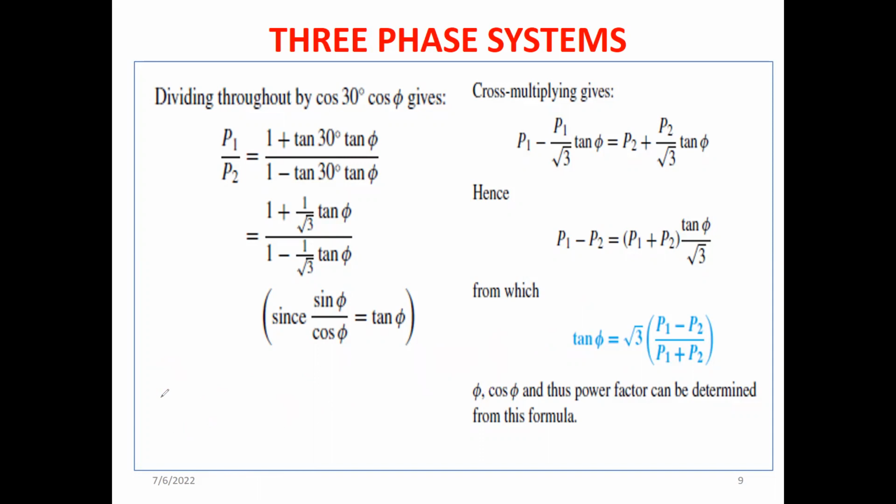To find the total power in 3 wattmeters, it's PT, that is P1 plus P2 plus P3. That is how you find power in a 3 wattmeter reading. And this is how you find the power factor in a 2 wattmeter reading.